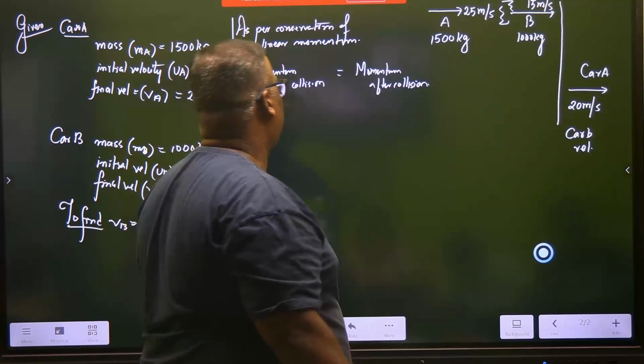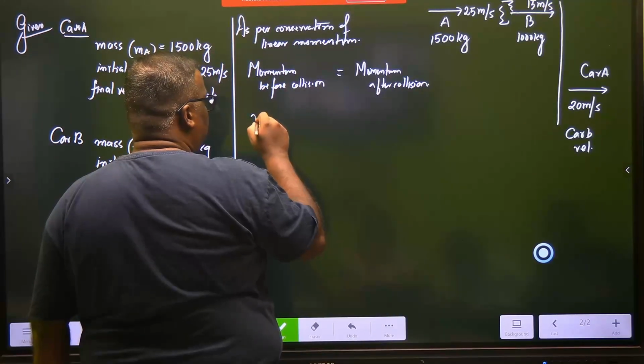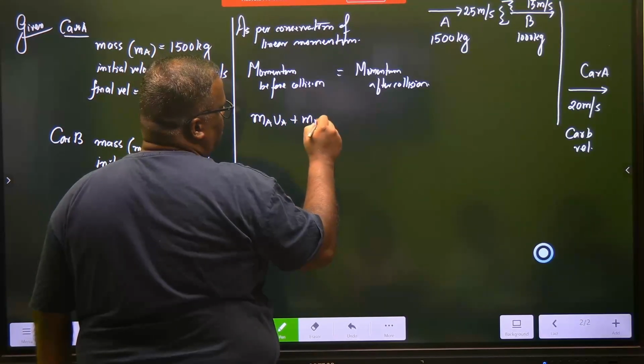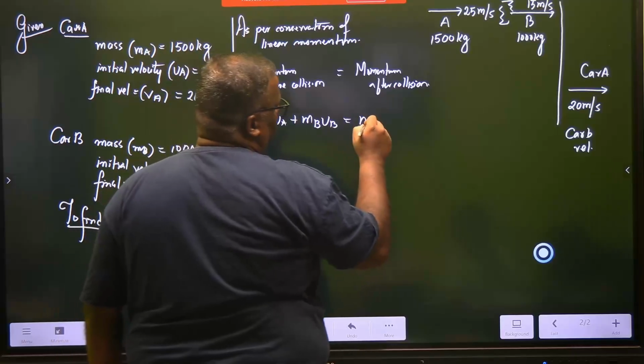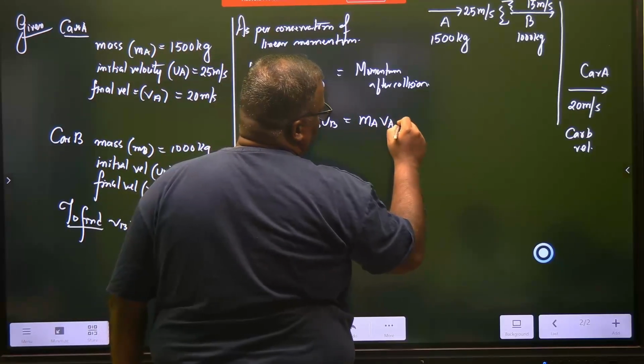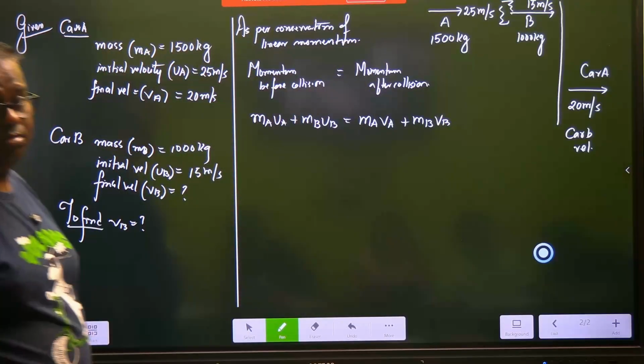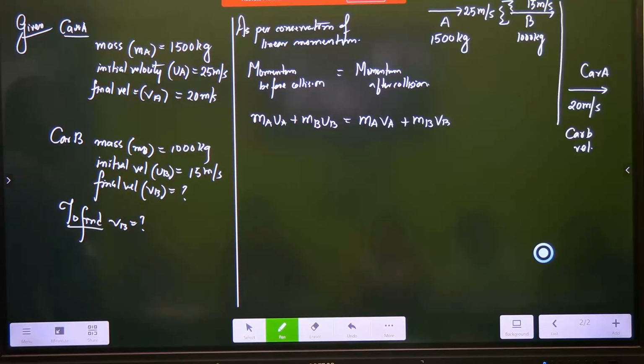So now you put your equations. It will be MA UA plus MB UB equals MA VA plus MB VB. This will be the formula.